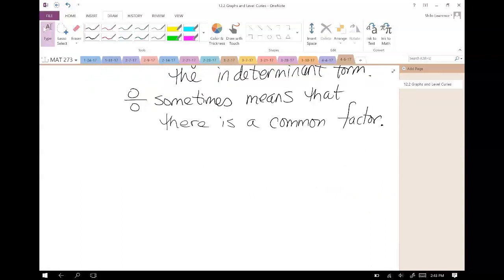In Calculus 1, to show that a limit exists, we had to show that the left-hand limit and the right-hand limit were doing the exact same thing.